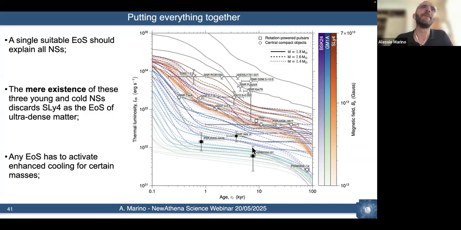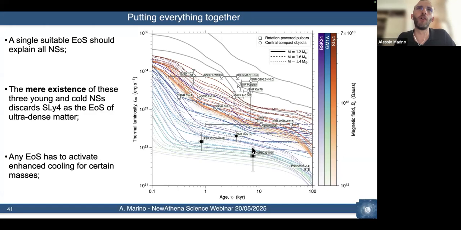So let's say the mere existence of these three young and cold neutron stars discards SLy4 as the equation of state. If you want, this result is already kind of strong by eye, but we wanted to go a little bit further and just quantify how unlikely it is that SLy4 is actually compatible with these young and cold neutron stars.